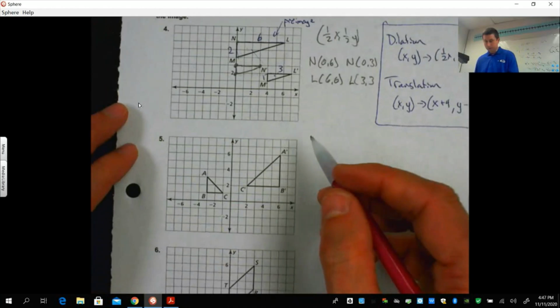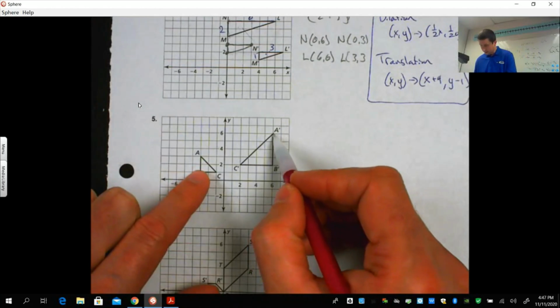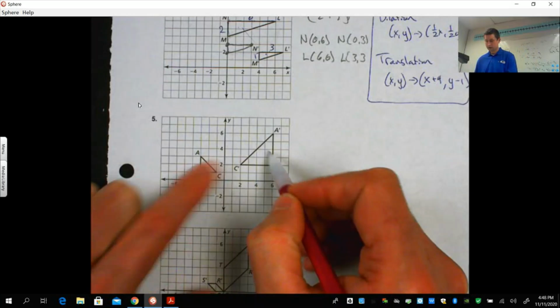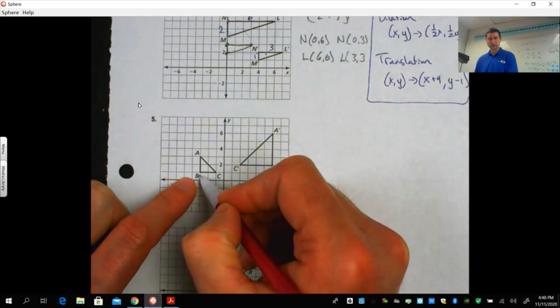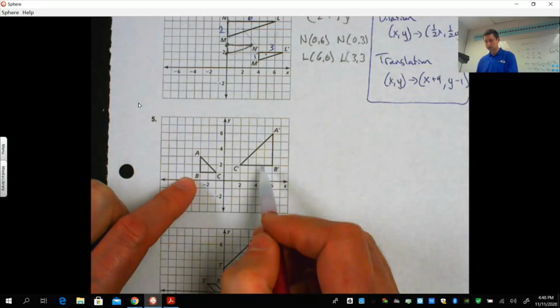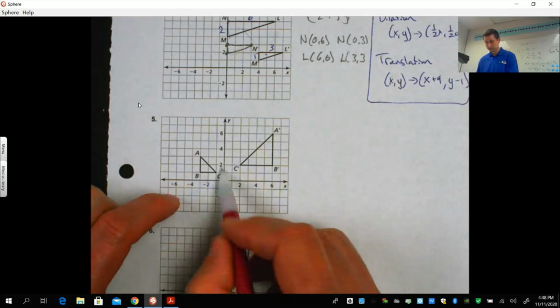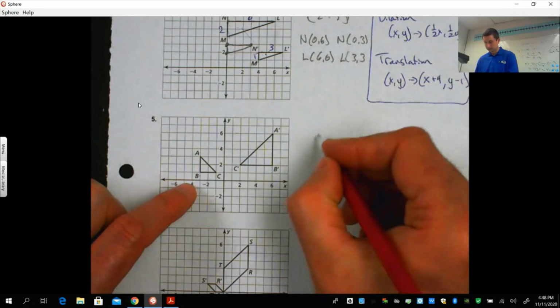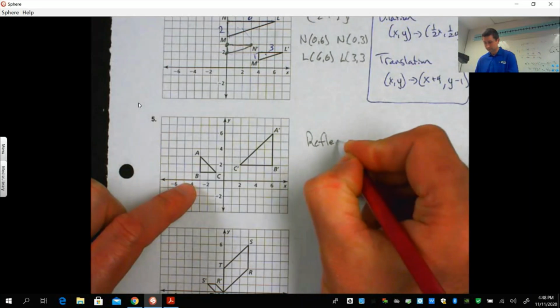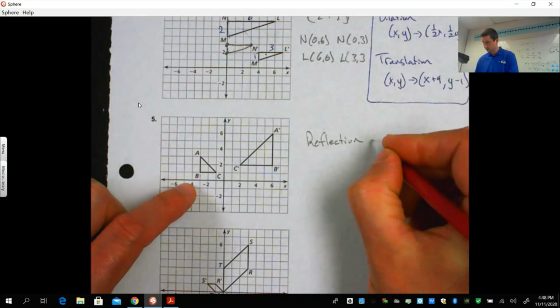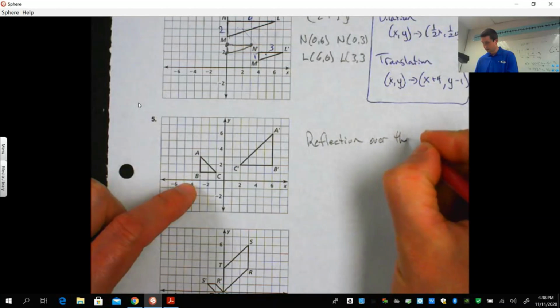On number 5, notice here A and B is on the right side of your image. A and B here is on the left side of your image. So there's a reflection going on. Now, since we're starting here, I'm going to start by doing a reflection over the y-axis.